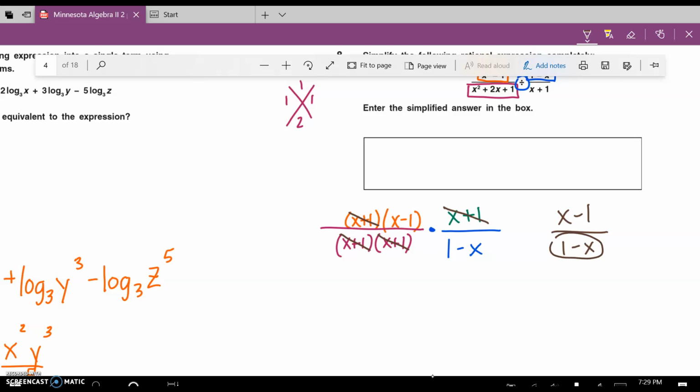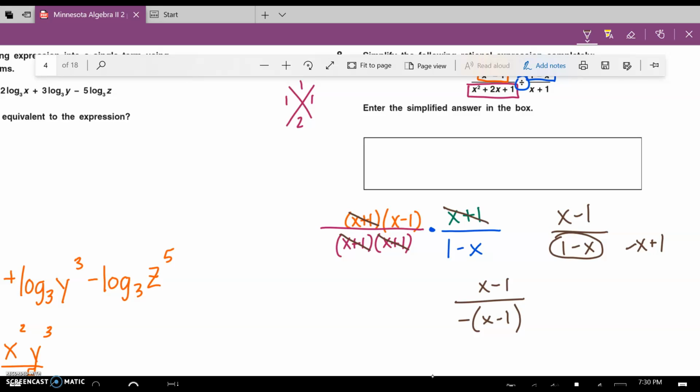But if I look at 1 minus x, I can rearrange that to negative x plus 1. And then if I factor out that negative, it would be negative times x minus 1. And then I have x minus 1 on top.